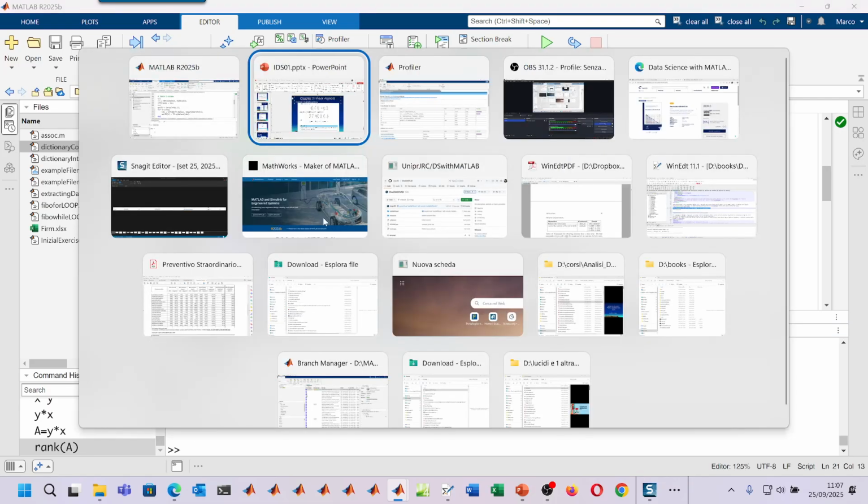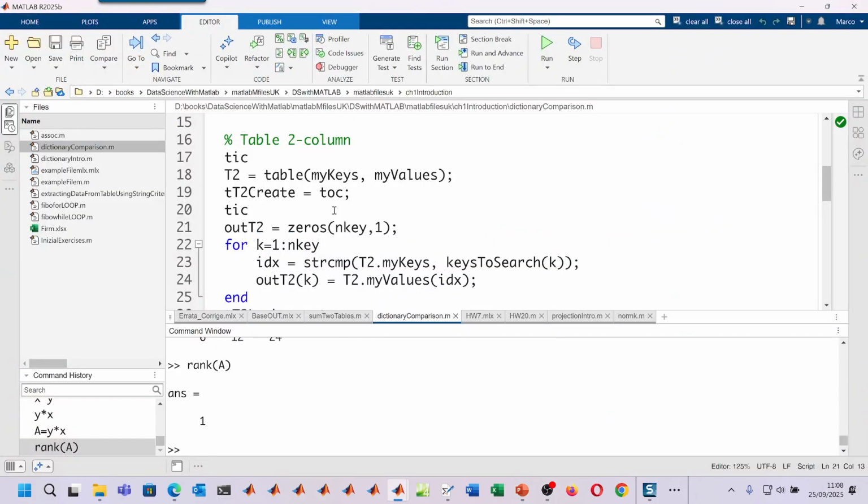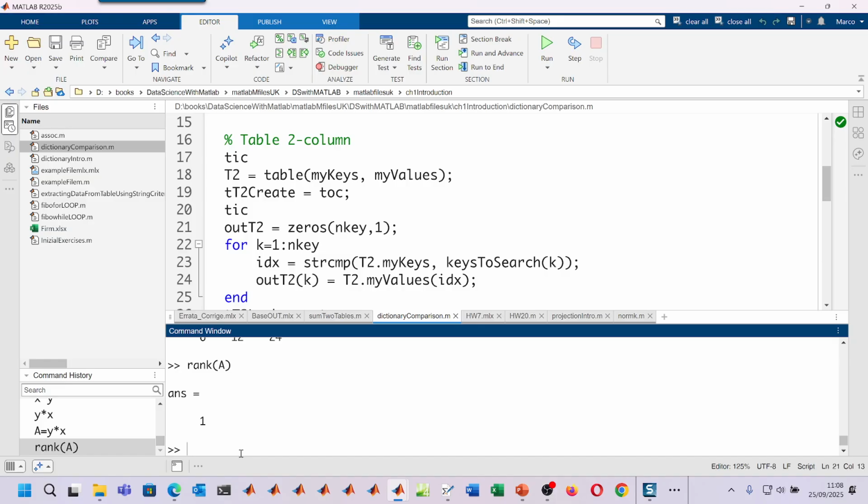Now, there are special matrices. And these are the diagonal matrices. For example, diag 1, 2, 4, you see that creates this diagonal matrix.